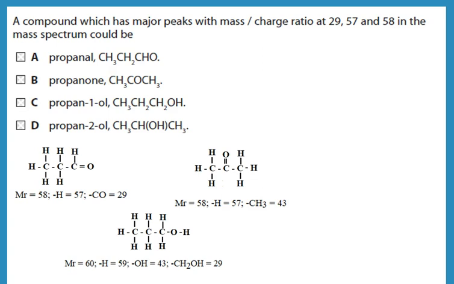We have 60, we have 59, but we cannot get 58, so that is not my answer. Also, propan-2-ol, this is how the structure of propan-2-ol is drawn. And looking at the different fragments, it cannot give the required peaks in the spectrum. So my answer in this case is A. Do we understand how we got that?